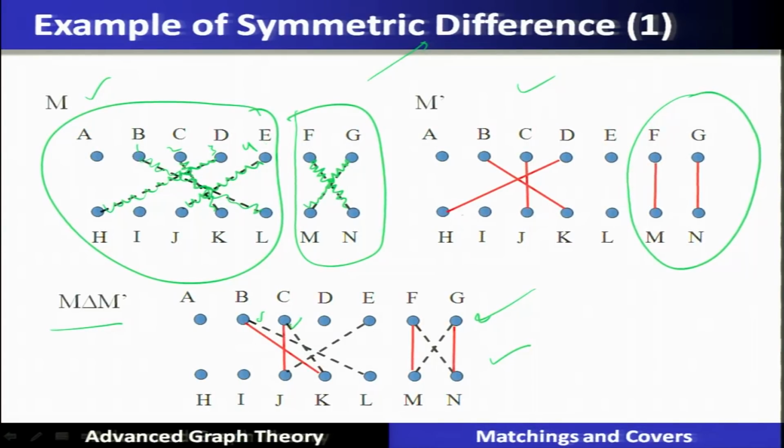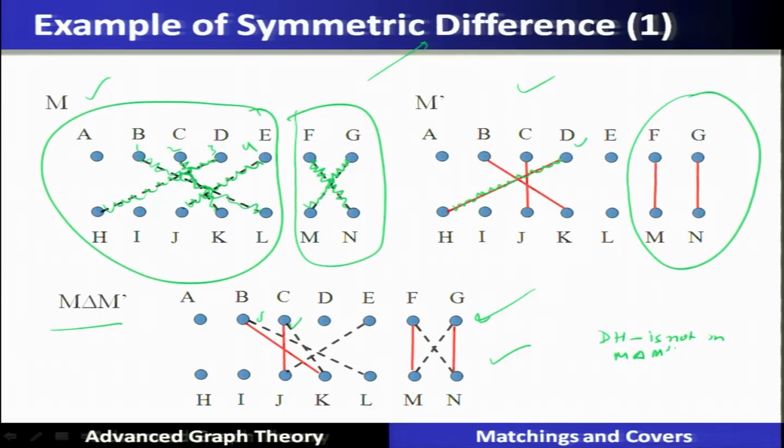Let us see that, yes, it is common. This edge is also present in M prime, so the symmetric difference will eliminate it. That means the edge D and H is not in M symmetric difference M prime.